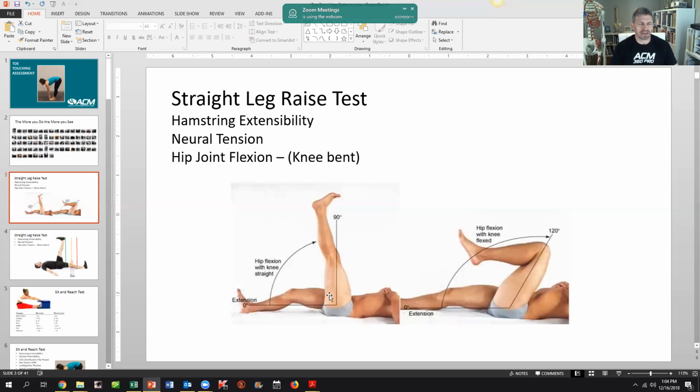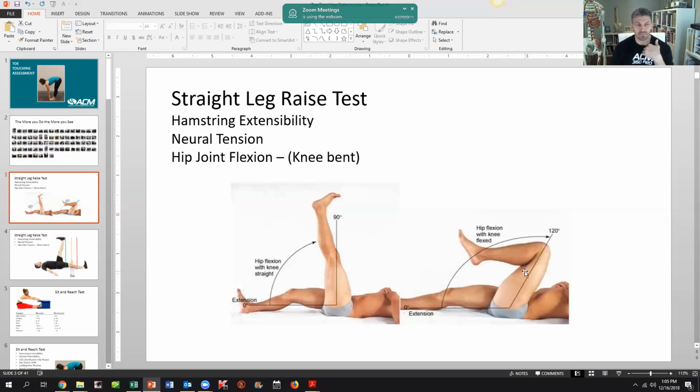So lying on your back, raising the leg up 90 degrees is acceptable. I'll show you a little bit more about this, and then we'll do the test. This is a hip flexion test. With a straight leg raise, we're really looking at the musculature involvement of the hamstring and the neural tension, the nerve that runs from the tip of the toe all the way to your lumbar spine.